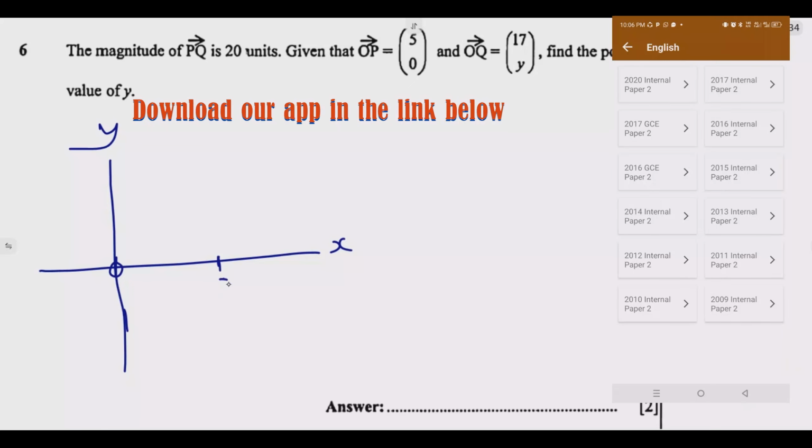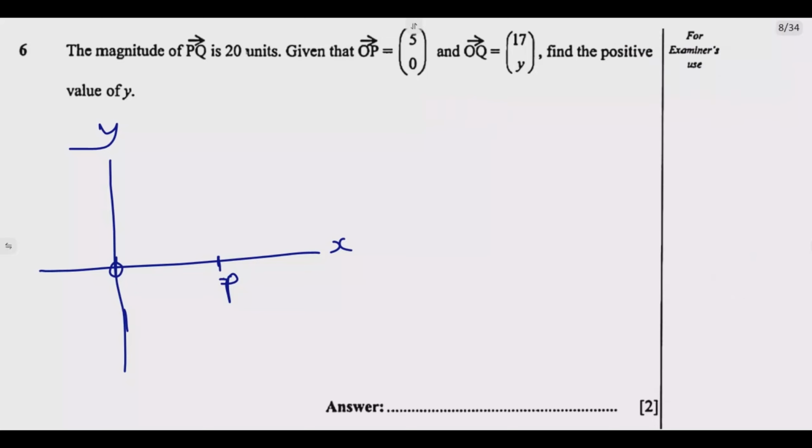So this is where P is. Then for OQ, we are also moving 17 here, but because y is a positive value, maybe say Q is somewhere here. Then we are saying from here to like this.